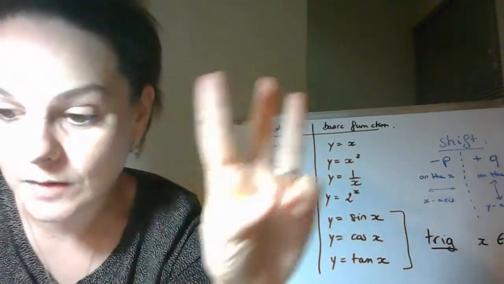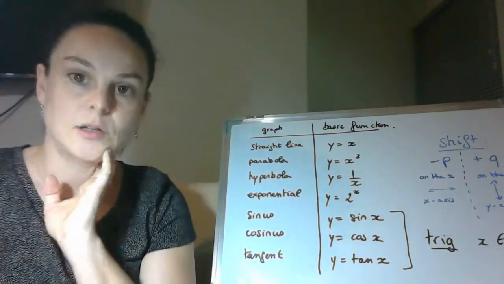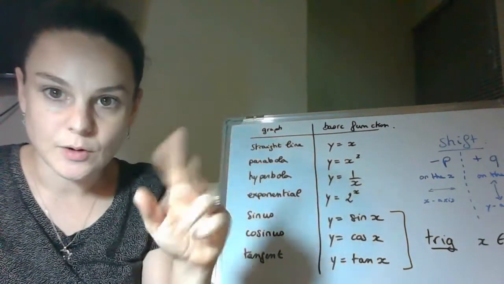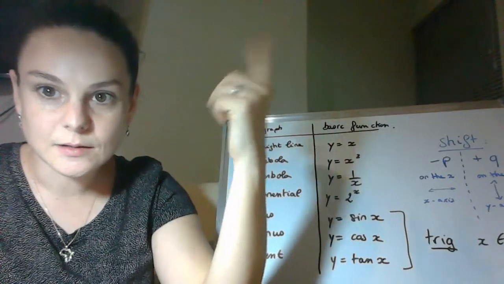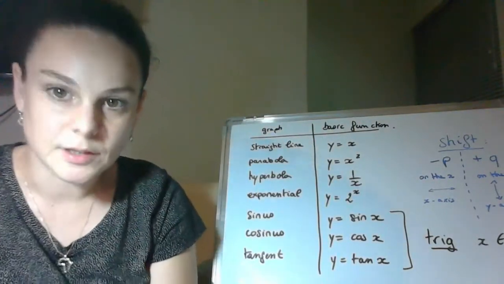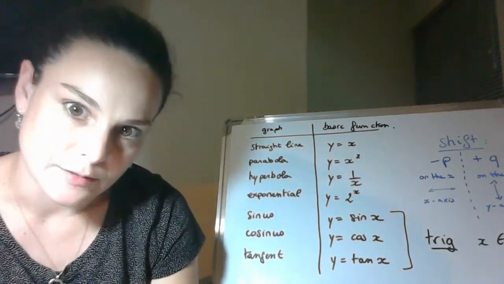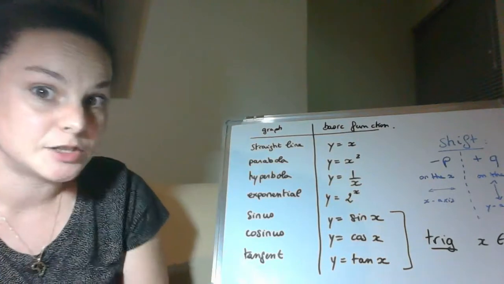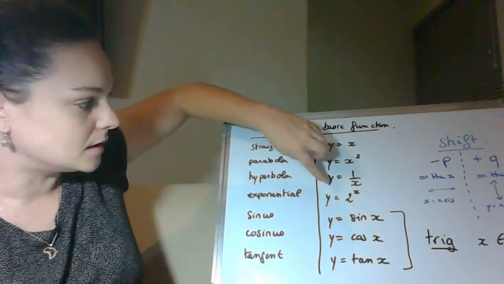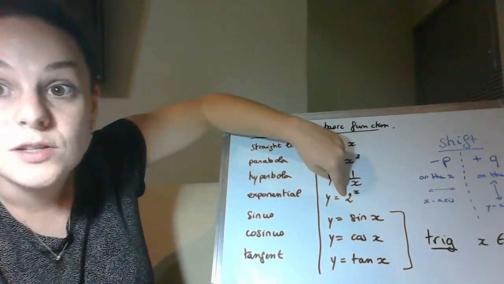Alright, number 4. If you have an exponent x, so on any number you have an exponent x, something to the power x, it creates an exponential graph. Which one would be the simplest exponential graph? Unfortunately, it's not going to be 1 exponent x, because 1 exponent x would always be 1.